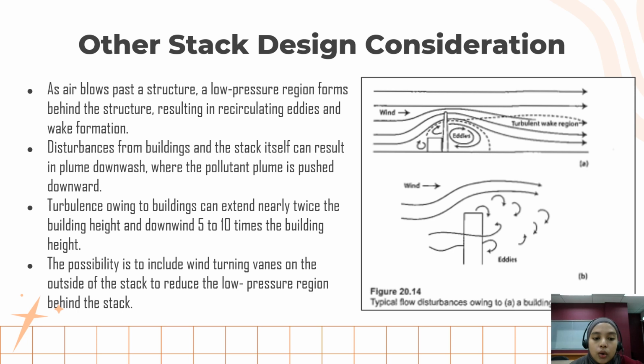And the turbulence owing to the building can extend nearly twice the building height and downwind 5 to 10 times the building height. So the possibility is to include wind turning vanes on the outside of the stack to reduce the low pressure region behind the stack. So in the figure here, which is figure 20.14, it shows the typical flow disturbance owing to A and B.